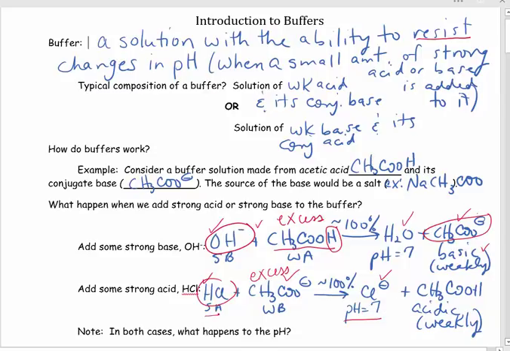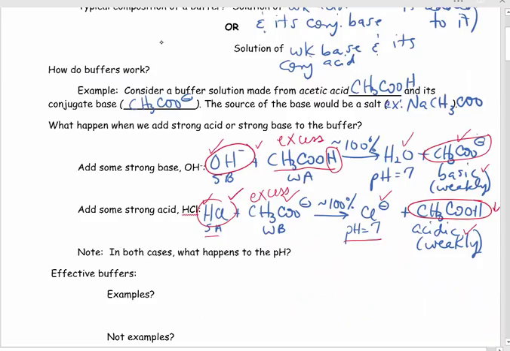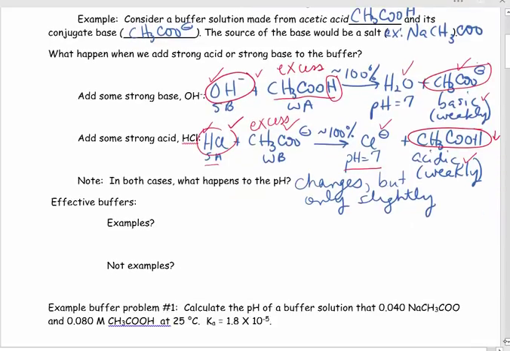So we produce something neutral and something weakly acidic, and in essence, we're exchanging the strong acid HCl for the weak acid. So the pH goes down, but just a tiny bit. So in both cases, what happens to the pH? It changes, but slightly.